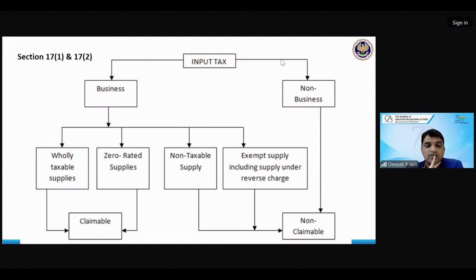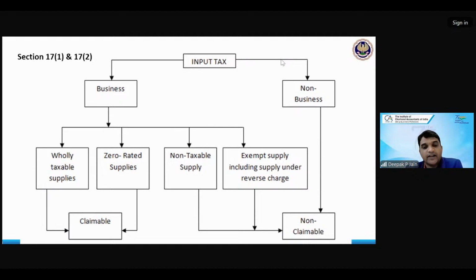Krishno is saying that zero rated supplies, such as export or SEZ, have GST at 0%, but exempt supplies are those which don't include GST. Okay. Any other answers? Sejal is saying zero rated supply has zero rate, and exempt supply is supply in which no ITC is available.